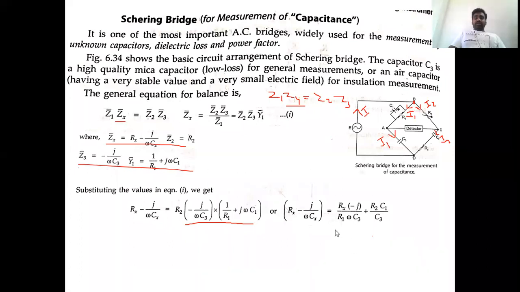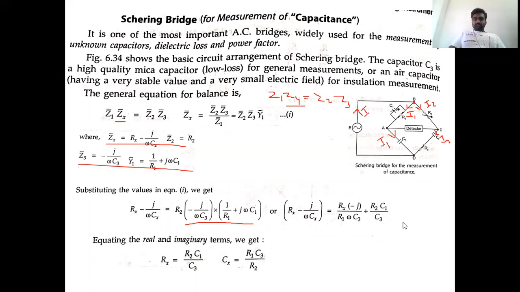So if we rewrite it in terms of real and imaginary parts, and equate the real terms with the real terms, what are the real terms here? Rx is a real term and R2 C1 divided by C3. This is a real term.